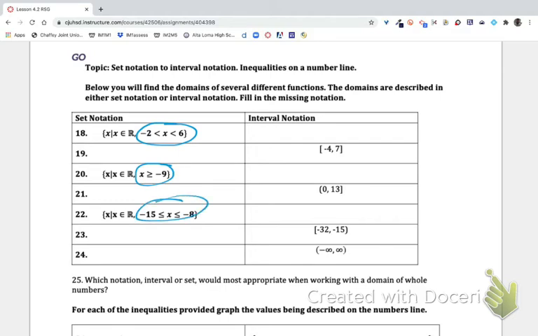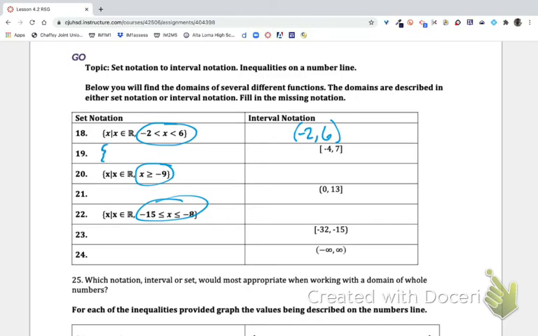It tells me what I'm doing. So my interval would be from -2 to +6, open parentheses on both sides. Why open parentheses? Because we've got less than, less than. If that would have said less than or equal to, then we go closed, like number 19.